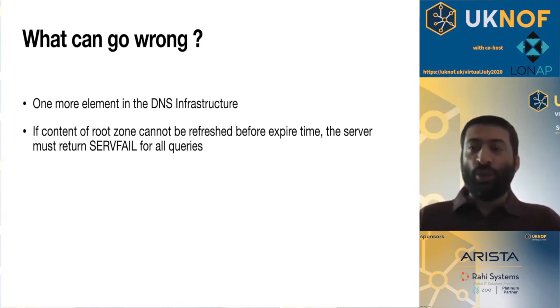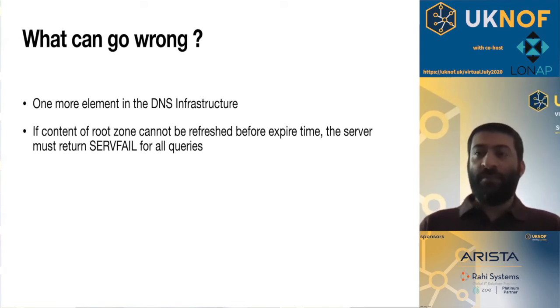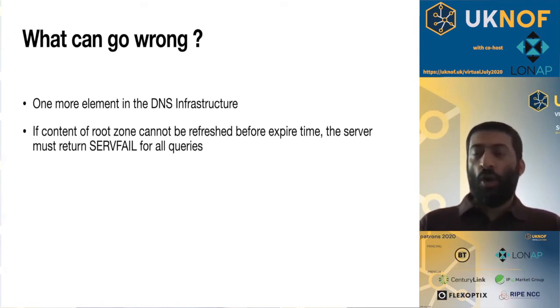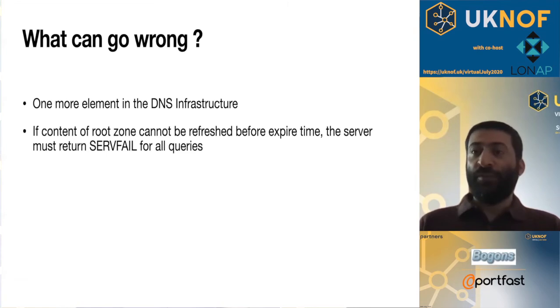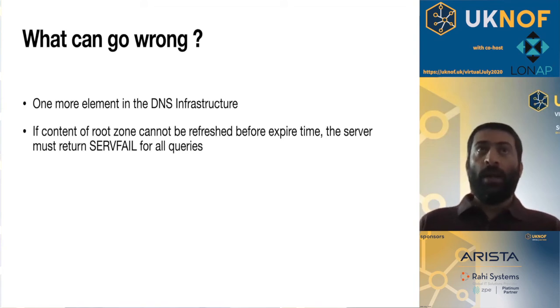RFC 8806 provides an option where, if the local root server is unable to fetch the latest data from the local root in this case, then the resolver can shift to remote root servers as well. So that is something that has been updated. The other change, which was explicitly required in the case of RFC 7706, was running the root server instance on loopback, and that has been eliminated.